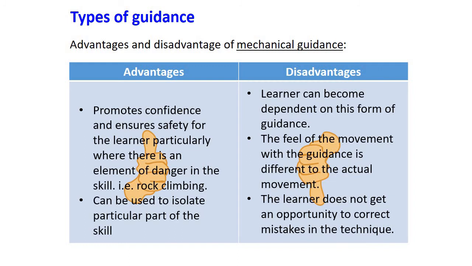Another disadvantage is the learner does not get an opportunity to correct mistakes in the technique because the equipment doesn't allow you to. So again, that kinesthesis can impact on that. And finally, the apparatus that you're using can restrict the performer and prevent them from doing certain things.